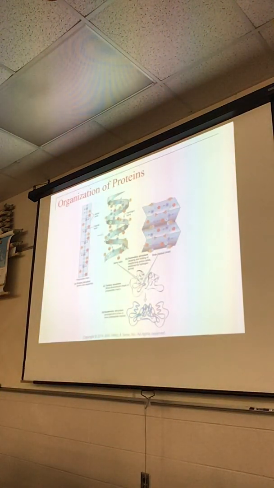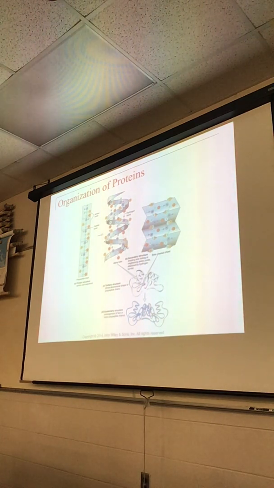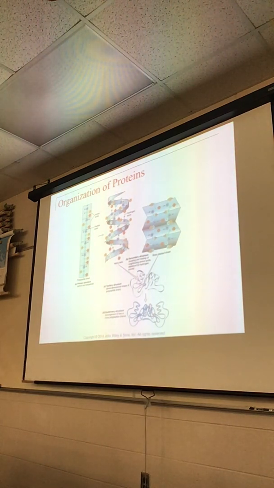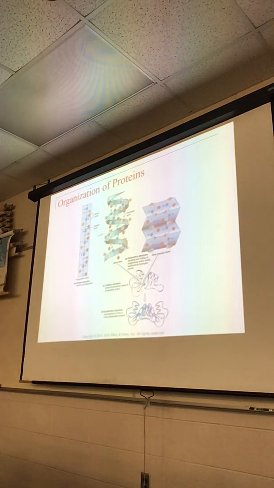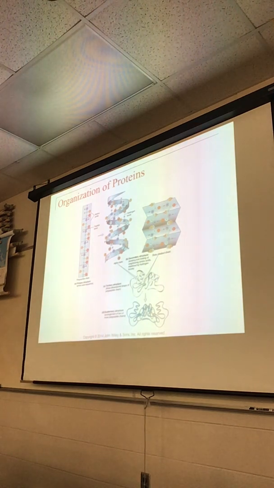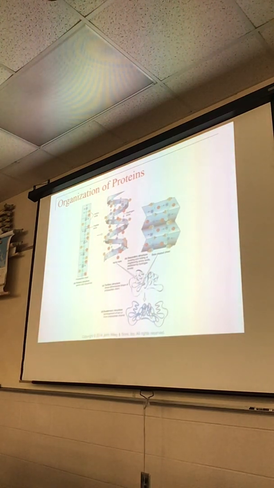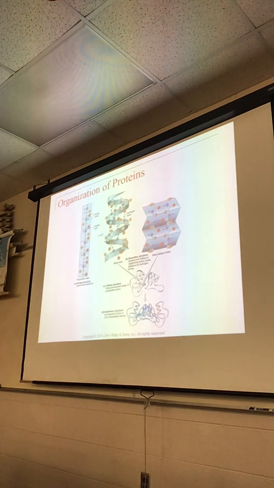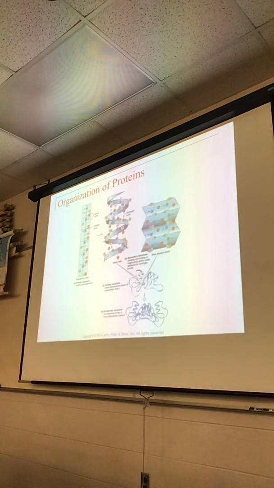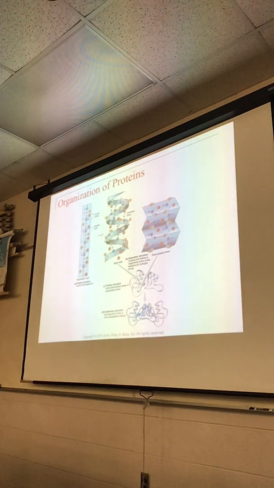That is called the primary structure. So polypeptide is their primary structure. We also end up in a protein with something called a secondary structure, a tertiary structure, and a quaternary structure.